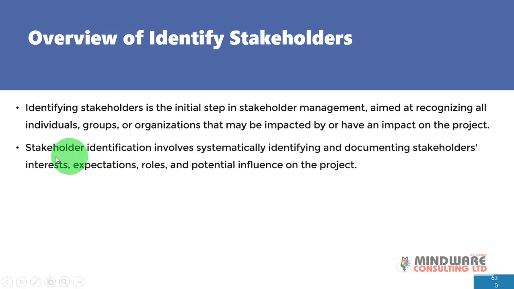Stakeholder identification involves systematically identifying and documenting stakeholders' interests, expectations, roles, and potential influence on the project. When we're talking about identifying stakeholders, it's all about getting to know what interests they have in the project, what they expect from it, what their role is in the project execution or the project life cycle, and what influence they have on the project.